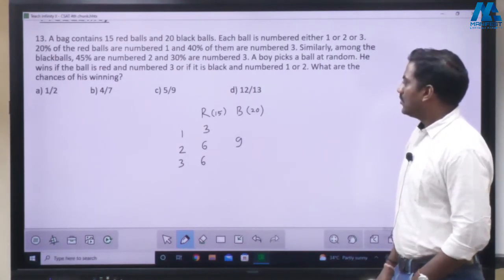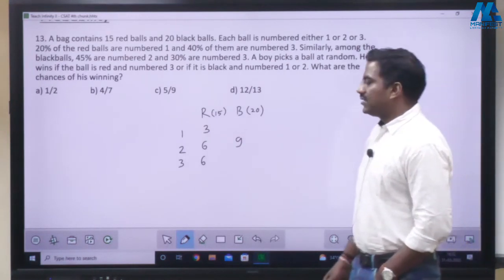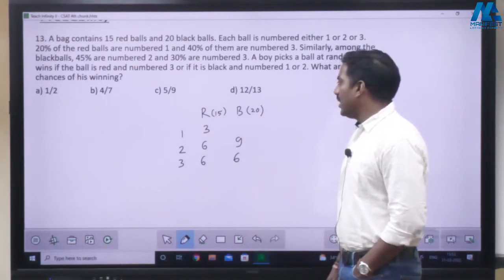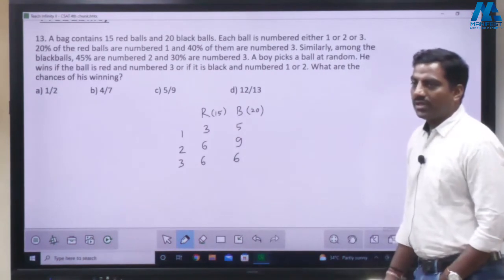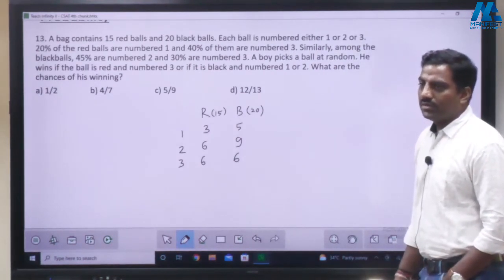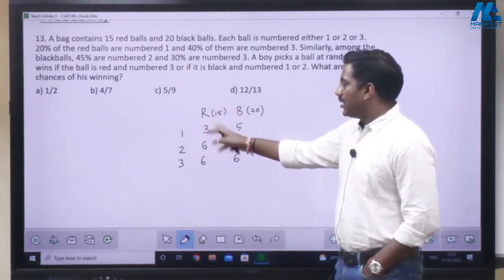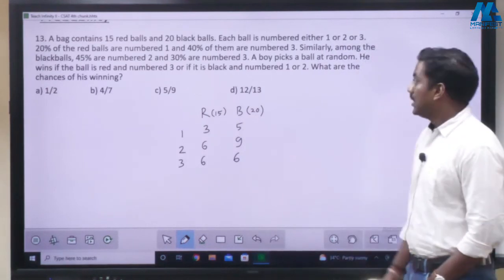Then 30% are numbered 3, 30% of 20. How many are remaining? Correct? So red ball numbered 1, 3. Red ball numbered 2, 6. Red ball numbered 3 is similarly 6. And black balls: 9 and 6 as well as the remaining ones.